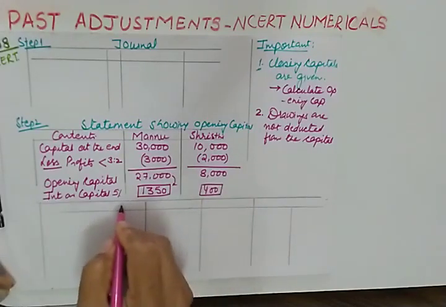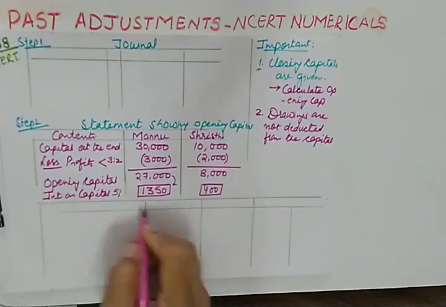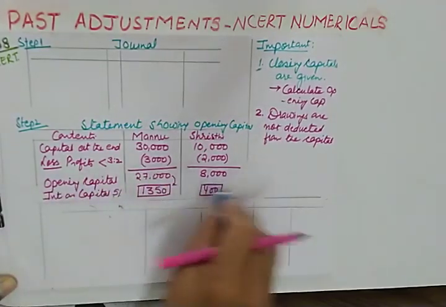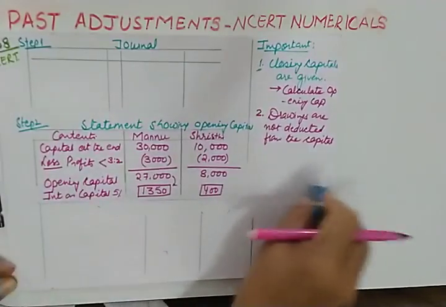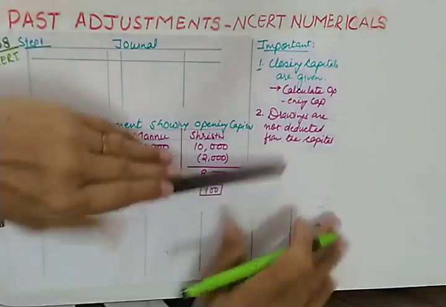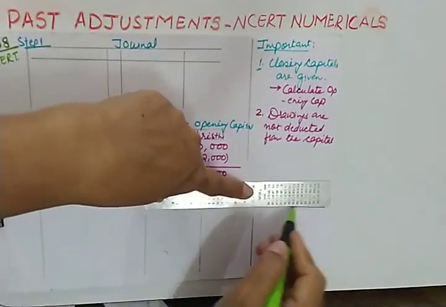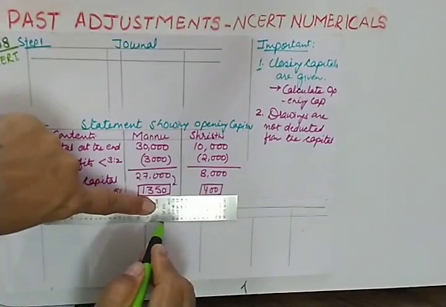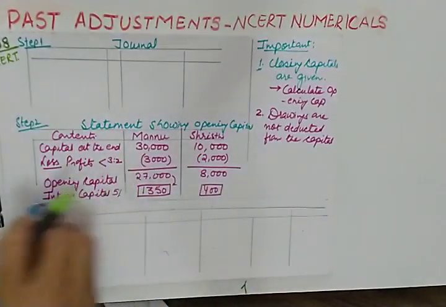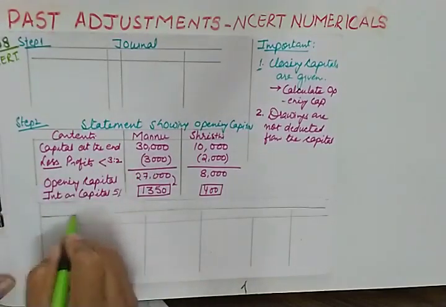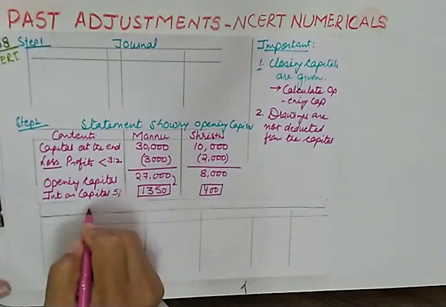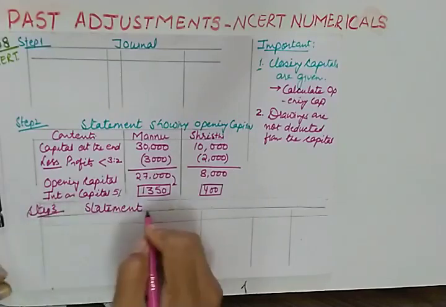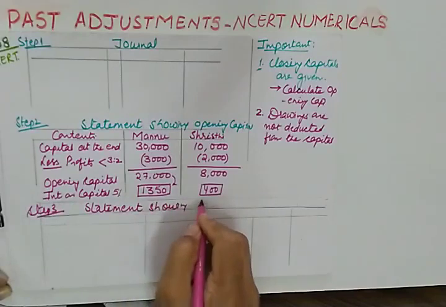Now let us make statement showing adjustment. So this is my statement and this is step 3, statement showing adjustment.